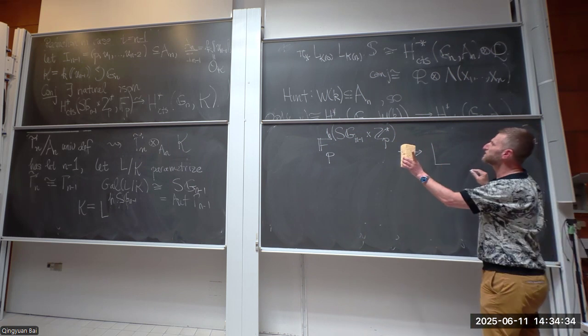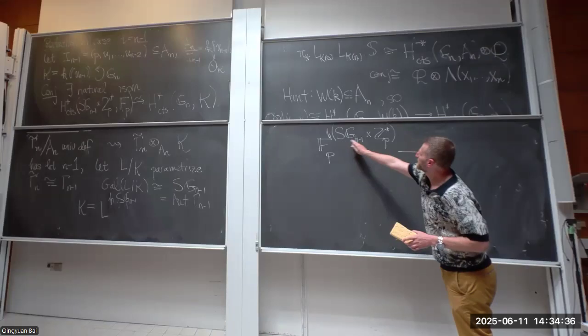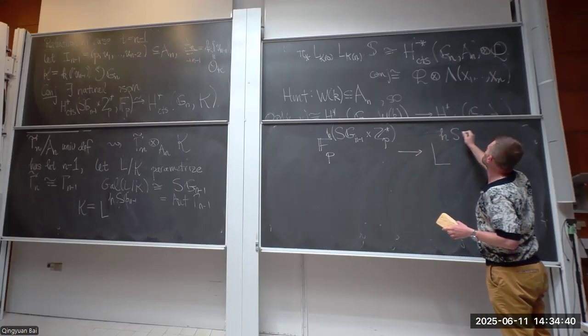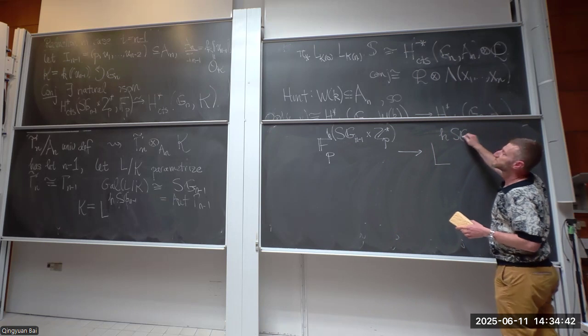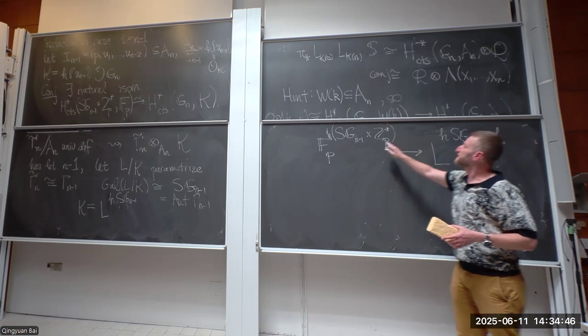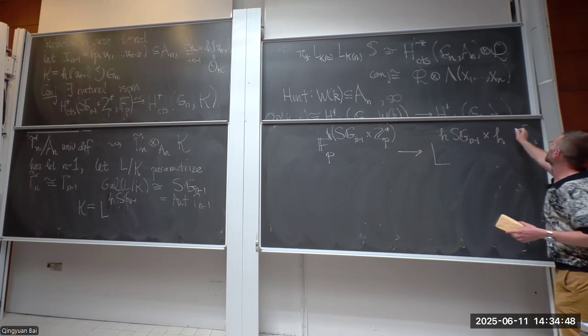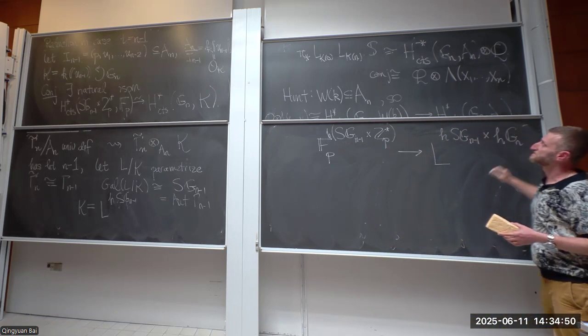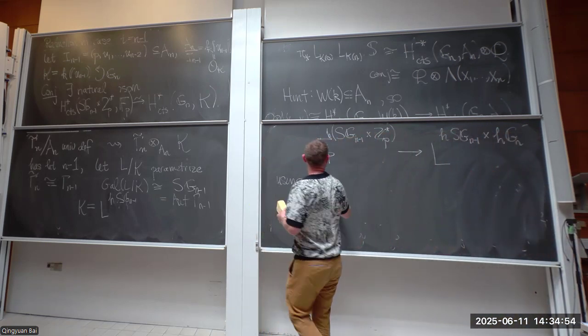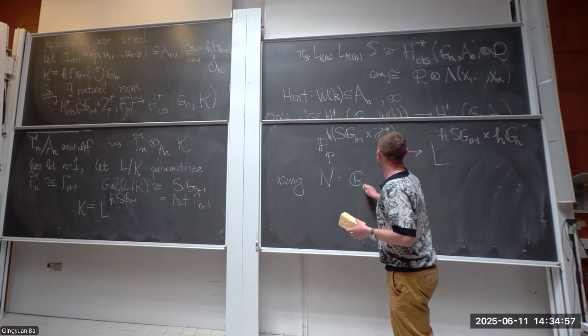And now the SG_{n-1}, I'm just going to carry it. On the other hand, Z_p star receives a map from G_n. Here's the norm map.